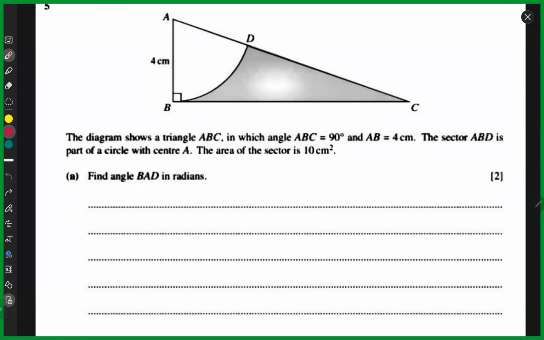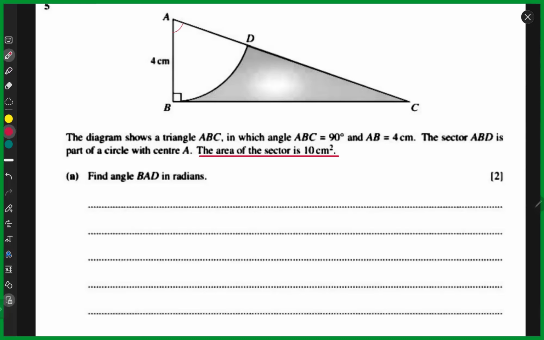The sector ABD is part of a circle with center A. The area of the sector is 10 centimeters squared. Find the angle BAD. Now here, you have been told that the area of the sector is 10 centimeters squared and you need to find this angle.